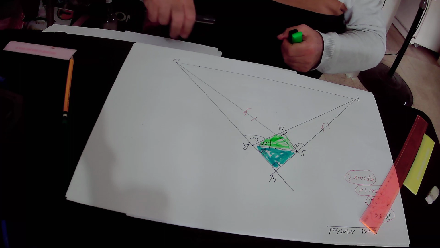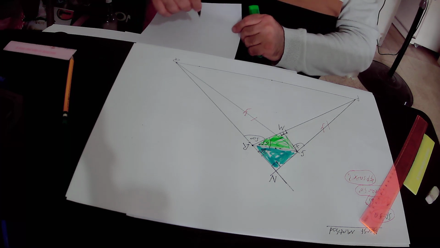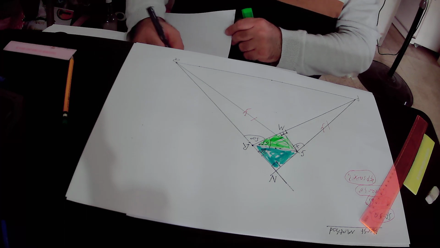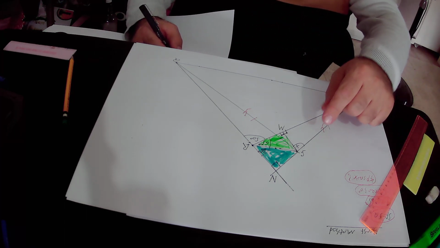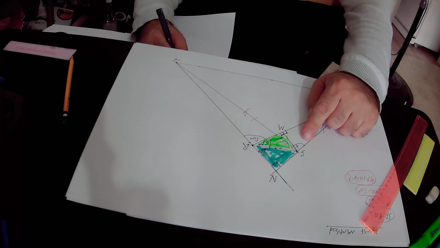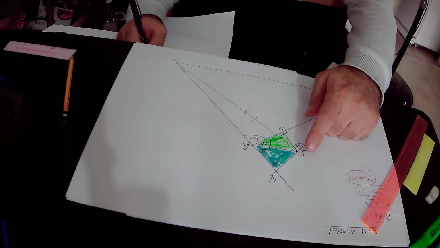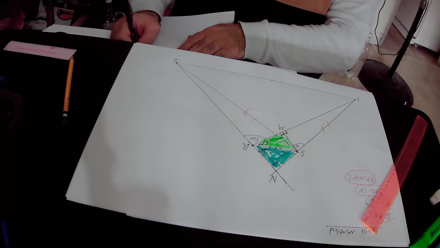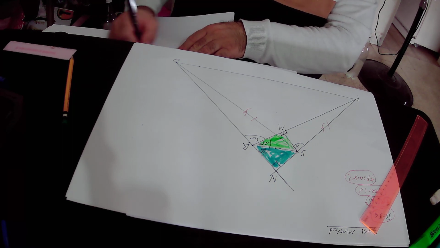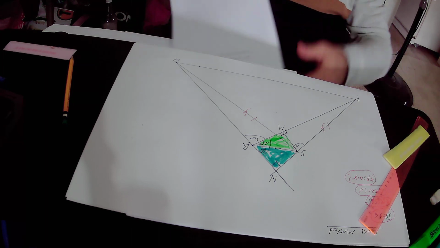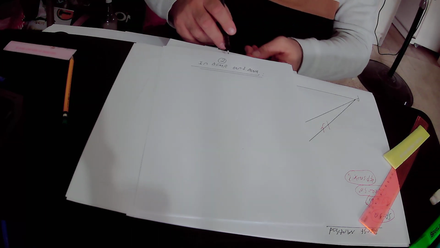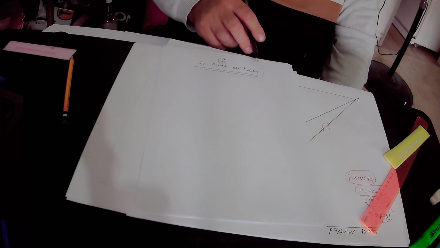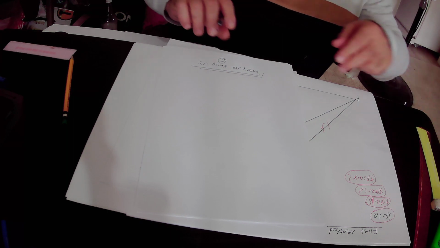So actually we will focus on the green triangle, triangle SMR, and the blue triangle, triangle SNR, and we will prove that the green triangle SMR is congruent to the blue triangle SNR.